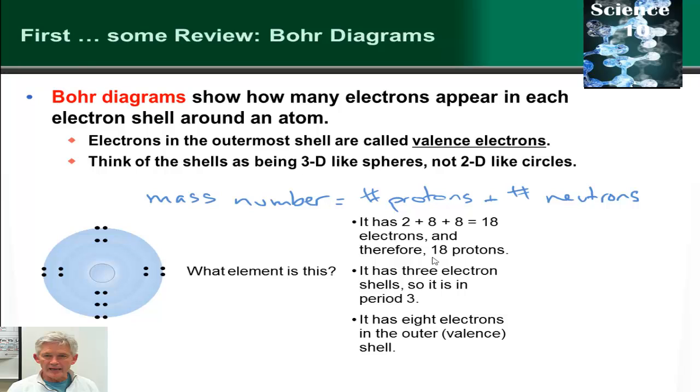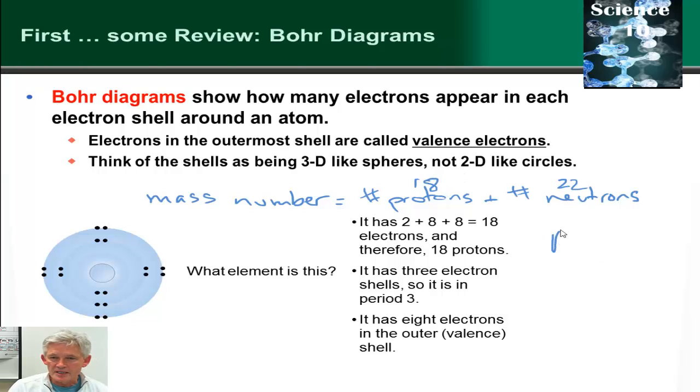And if we look at argon, you're going to find that its atomic mass is 40. So in this particular case, we're going to have 18 plus 22 neutrons. How did I get 22 neutrons? I took 40 minus 18 equals 22.